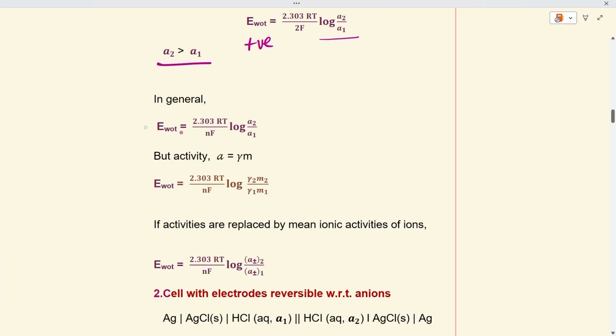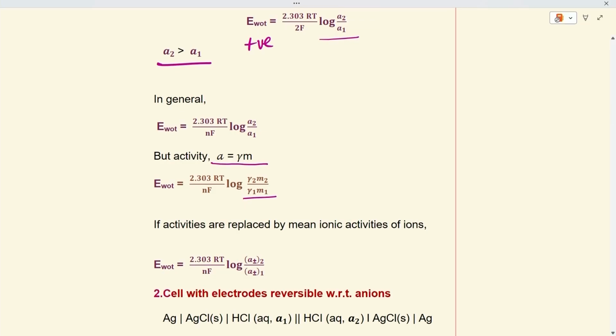Now, in general, this is a case where we have taken n equal to 2. Now, we go for the general one, that is E without transference is equal to 2.303 RT by nF log A2 by A1. Now, activities are replaced by molalities multiplied by their activity coefficients, and you get E without transference as 2.303 RT by nF log gamma 2 M2 divided by gamma 1 M1.